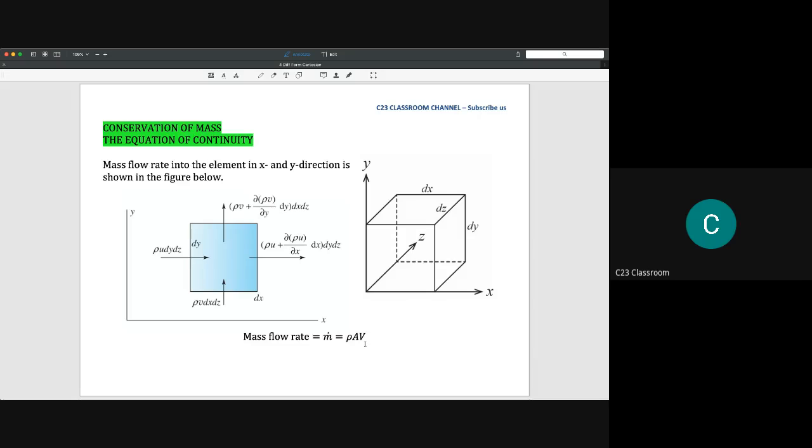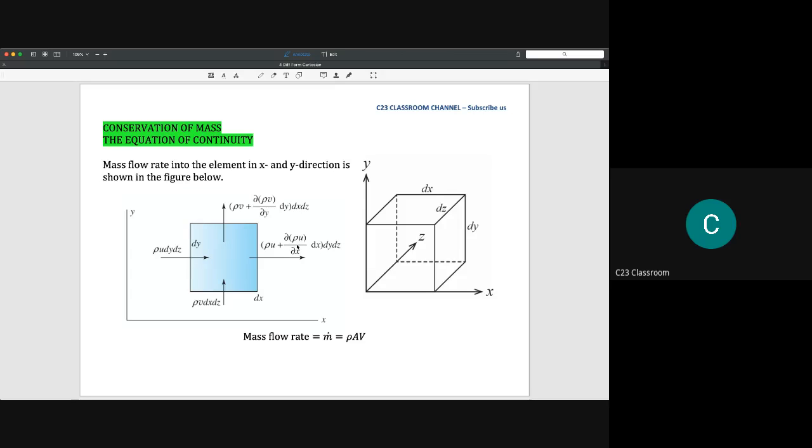We could have constant density and changes in velocity, or constant velocity but changes in density, or both conditions, meaning density and velocity keep changing. That's why we write rho and u using the partial differential. So rho u is the previous value of density and velocity, plus del rho u over del x, and dx is the change along the x-axis.